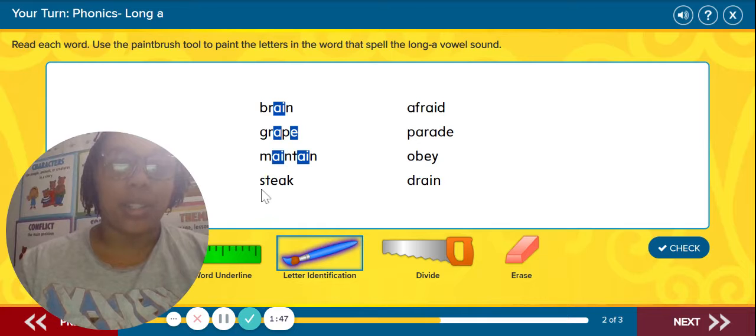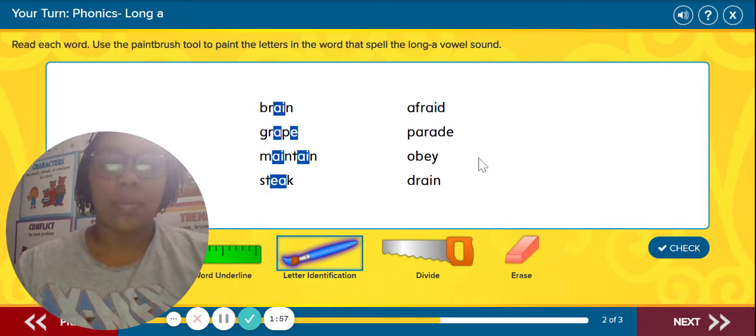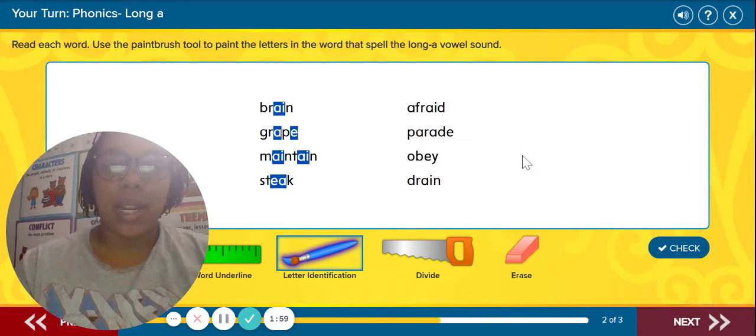Next one, we have ache, steak. And I see my EA pattern. My next one is afraid. AI. Lots of AIs today. Let's go to our next one.